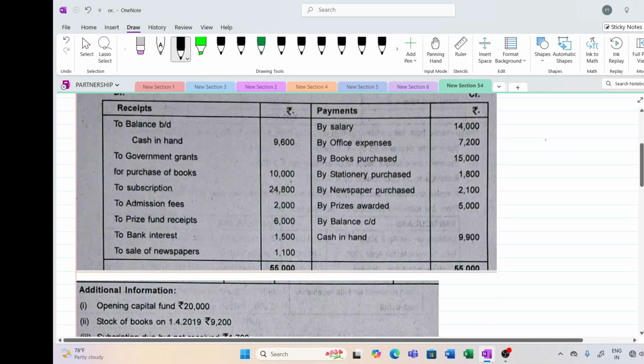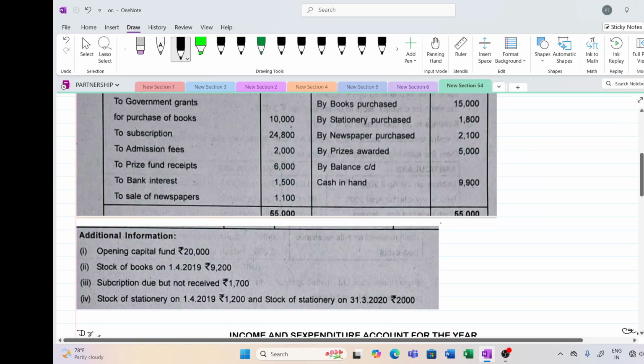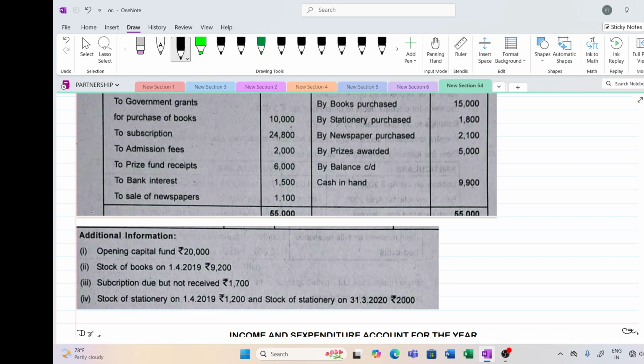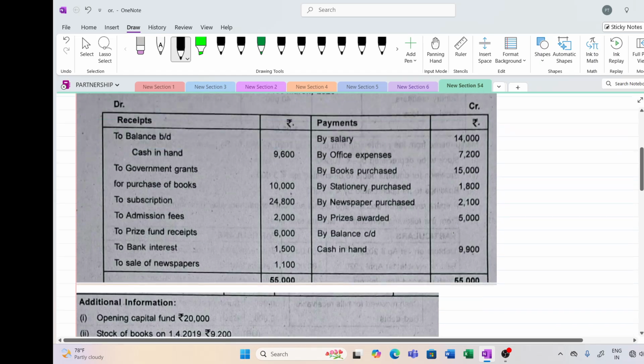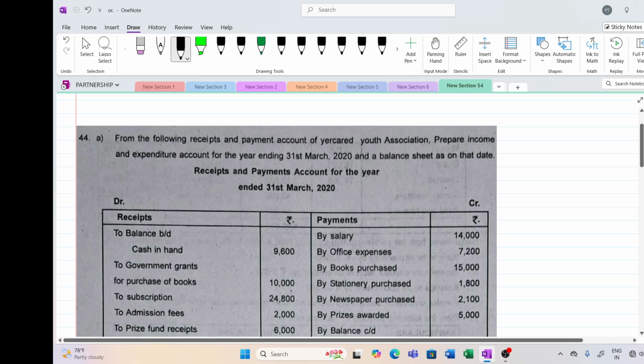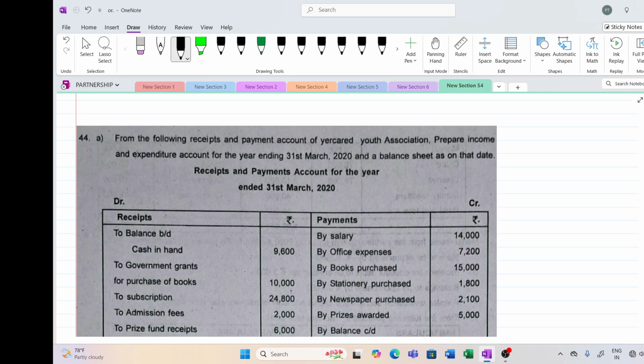First you post one by one item, and first of all you see whether there is an opening capital fund. Otherwise you have to prepare an opening balance sheet. We have got the opening capital fund here. So the first item, cash in hand of the opening balance, we don't need it because we are already having the capital fund.